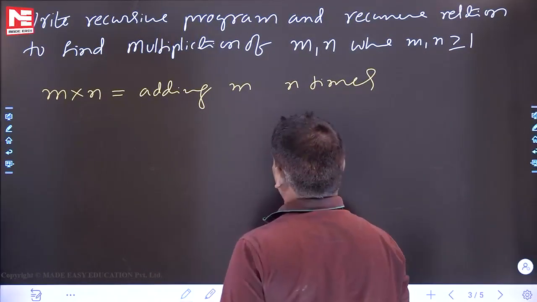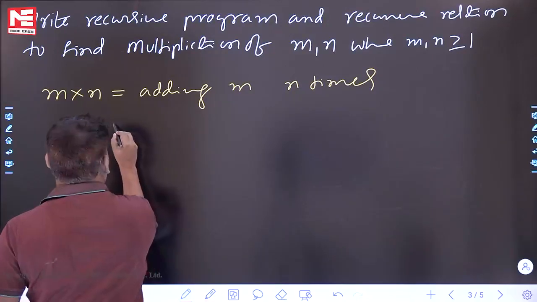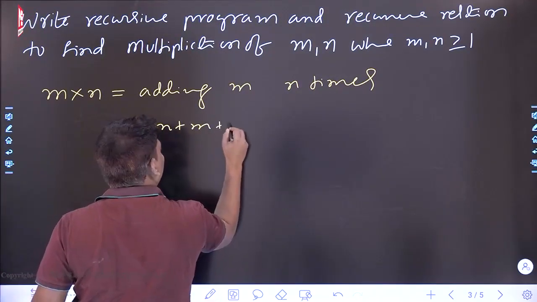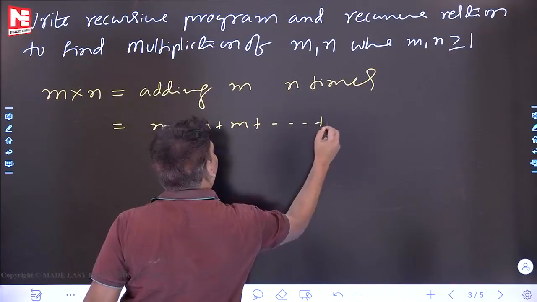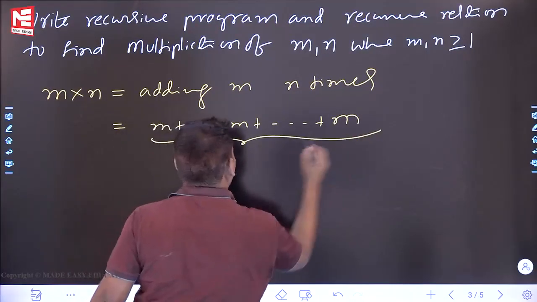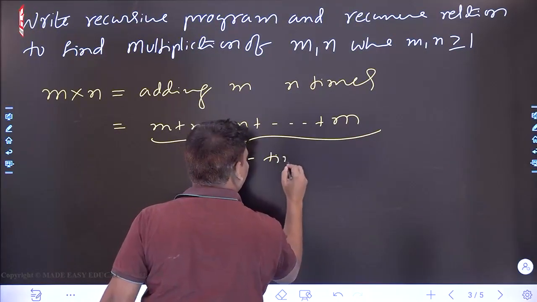This is the one logic: adding m n times, which is m plus m plus, and so on, n times. This is the logic which I want to implement.